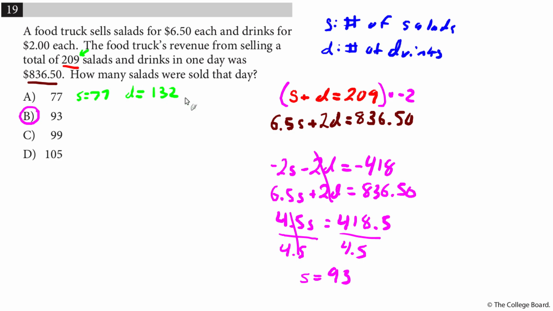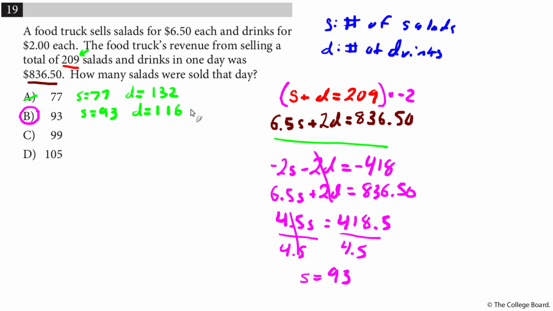And I could check that in this, see if it adds up to 836.50. It doesn't. If S is 93, I can just subtract that and get D would be 116.